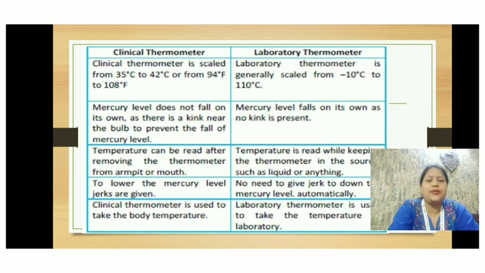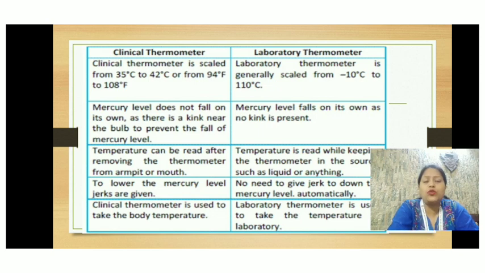Clinical thermometer is scaled from 35 degrees Celsius to 42 degrees Celsius or from 94 degrees Fahrenheit to 108 degrees Fahrenheit. Laboratory thermometer is generally scaled from minus 10 degrees Celsius to 110 degrees Celsius. Point number 2, under clinical thermometer, mercury level does not fall on its own as there is a kink near the bulb to prevent the fall of mercury level.